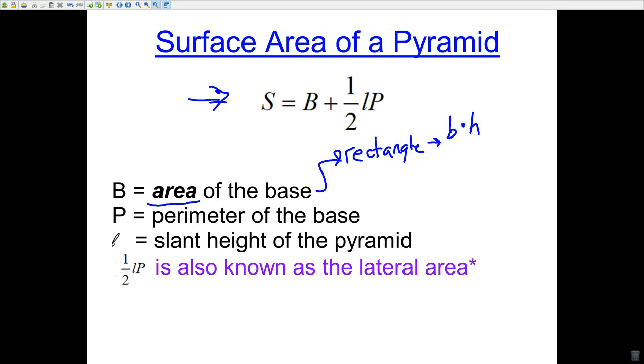Now, be careful. Do not use the height of your pyramid. Here's what I'm talking about. If I had a rectangular pyramid, right, it'd be like base times height down here.